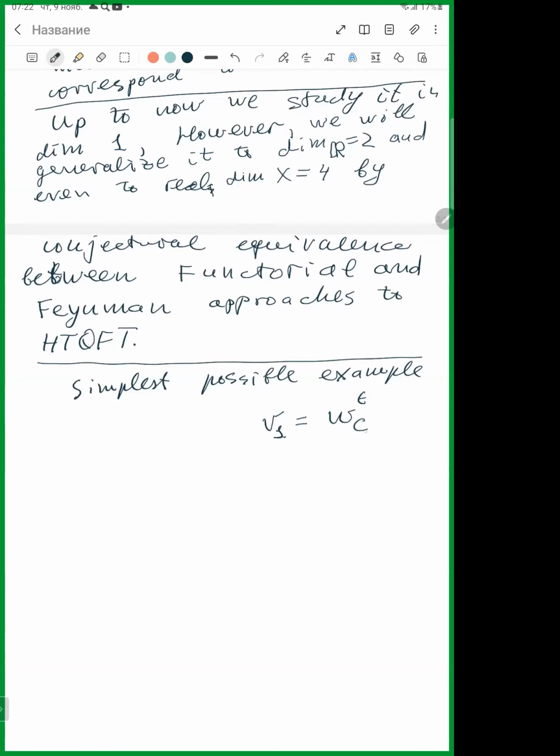This differential form corresponding to the cycle C1 and V2, differential form corresponding to the cycle C2.